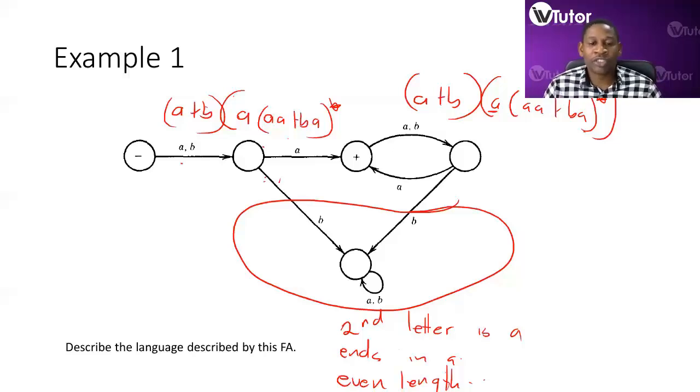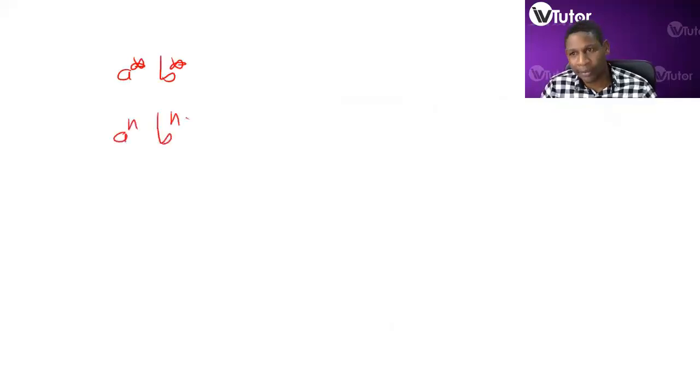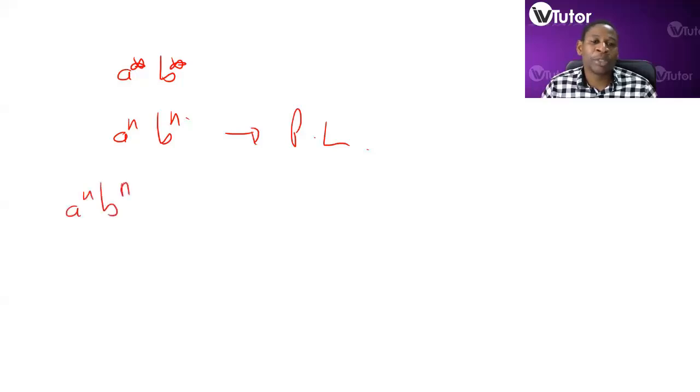The problem with these regular expressions or finite automata or regular languages in general was that though we could accept something like this, we could not accept something like that. And we proved that using the pumping lemma. We say that a to the power of n, b to the power of n is a subset of a star, b star.